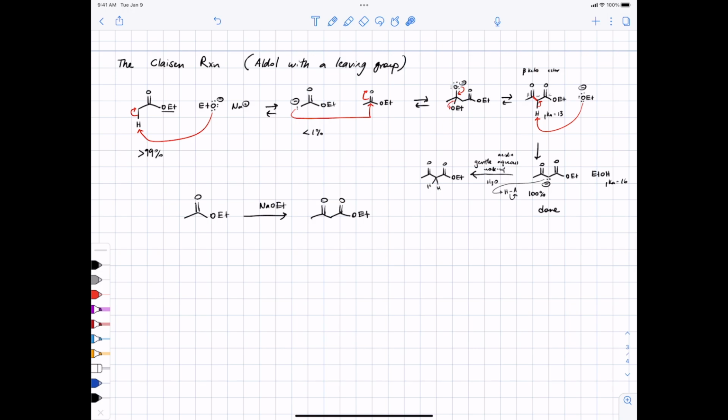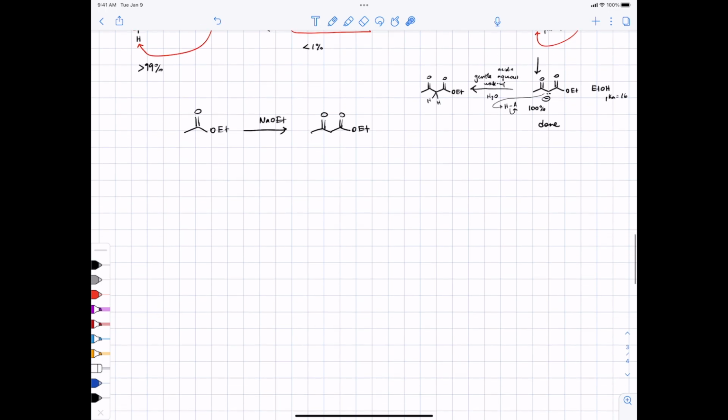So all the same issues with the aldol reaction apply here. There is an intramolecular version of the Claisen reaction. Sometimes reactions have their own names. I think your text calls this perhaps the Dieckmann condensation.